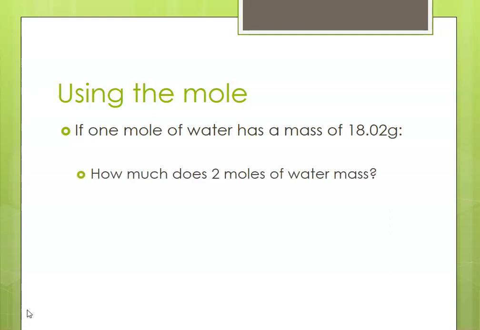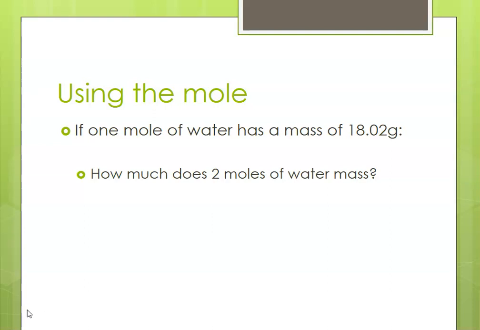So given that fact, if I asked you how much 2 moles of water massed, because it doesn't really weigh, it's a mass, not a weight, if 1 mole has a mass of 18.02 grams, then 2 moles must have a mass of 36.04 grams. So we're simply doubling it.